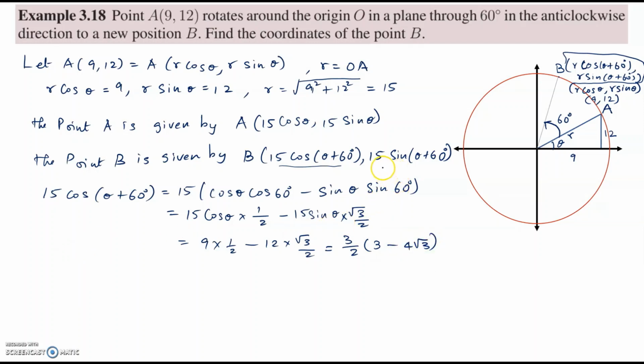Now let's take the second part of the coordinate, which is 15 sin(theta plus 60 degrees).